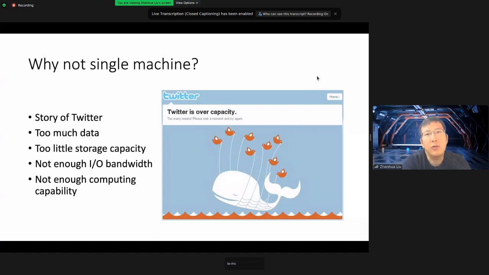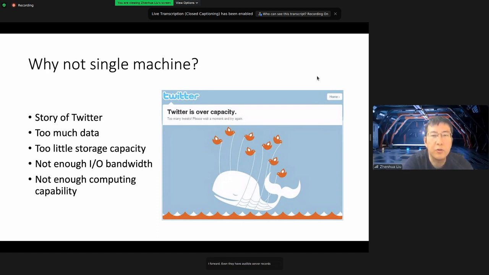This is actually the traditional approach in supercomputers. They try to build a very large machine, but you can consider it a single machine, because it is managed very closely, even with multiple server racks.